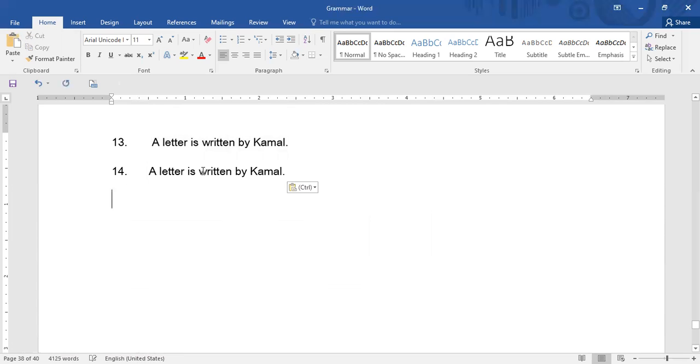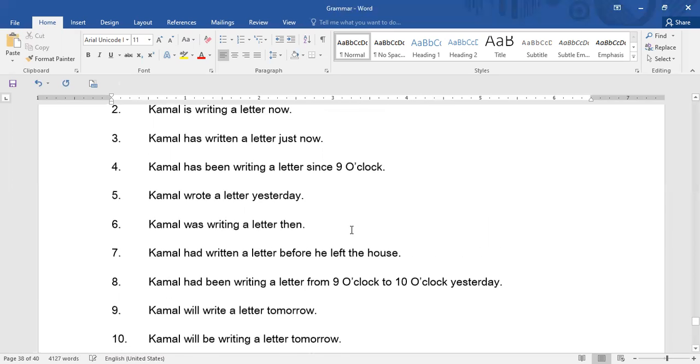If it is continuous, you should put being. A letter is being written by Kamal. You can also add now.